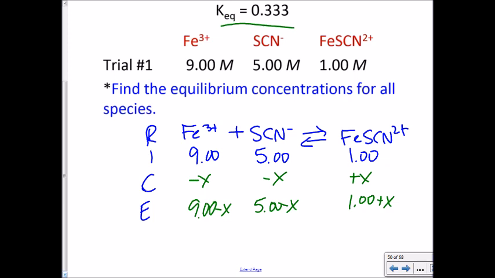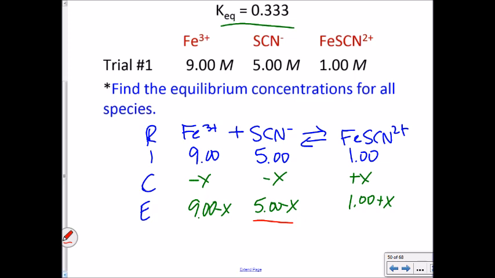If we're looking at this one, the x value can't be more than 5. So if there are two intersections, you want to choose the one that makes all of your concentrations come out positive. Some of them will only have one intersection. Some of the graphs will have two, though. Make sure you choose the one that makes your concentrations all positive, because you can't have a negative concentration. There's no such thing.